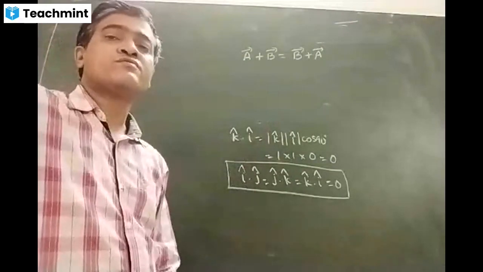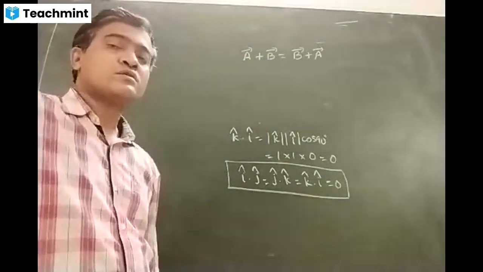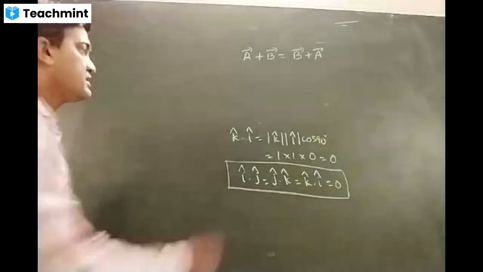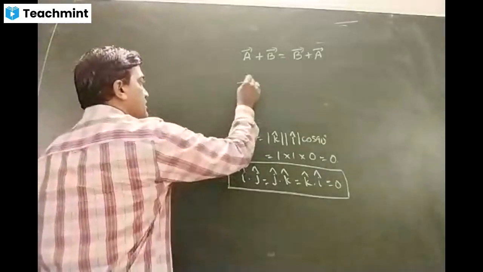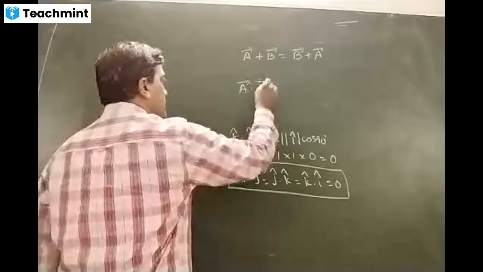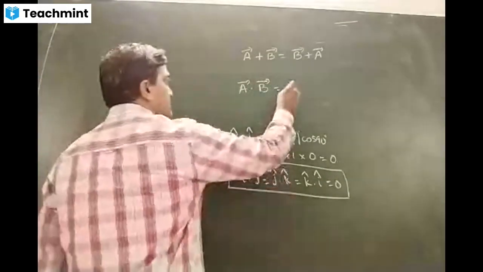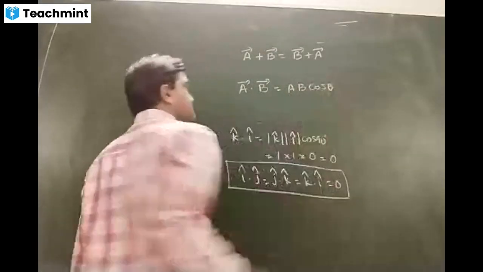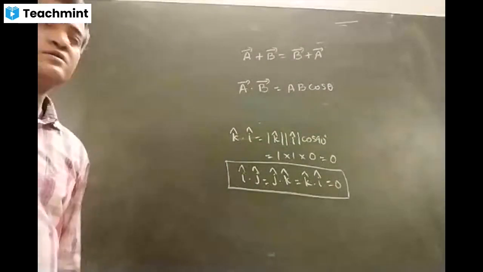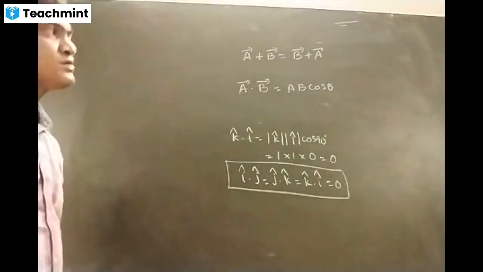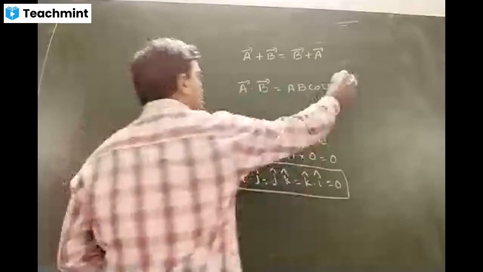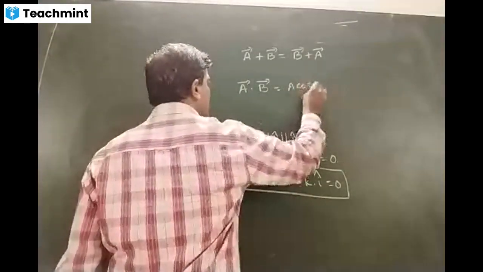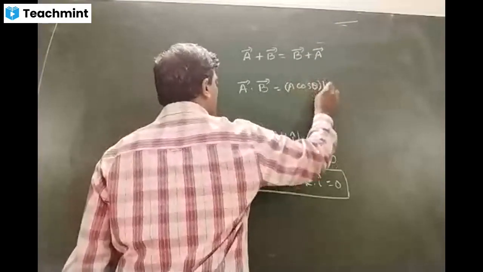If you just recall, under properties of vector addition, commutative law obeys. Similarly, dot product of two vectors, or even three vectors, will also obey commutative law. I can write like this: A bar dot B bar is equal to AB cos theta. Better way, I can show you again: A cos theta into modulus of B bar.